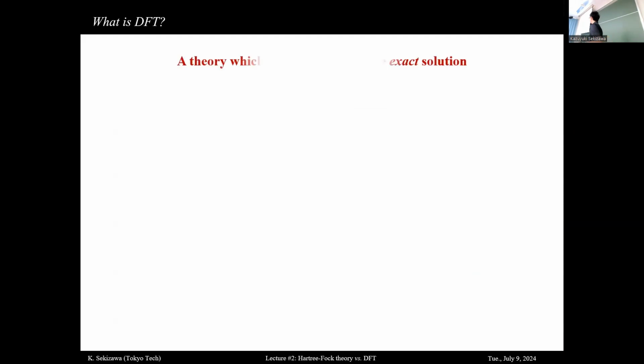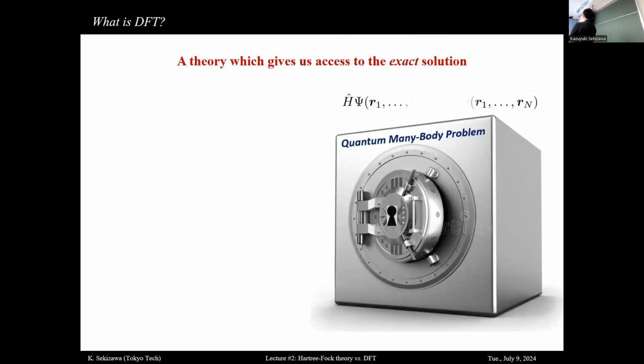So what is DFT? Density functional theory, I would say, is a theory which gives us access to the exact solution of the many-body wave function. It sounds like it contradicts what I introduced in the beginning, so let me explain. What we would like to do, as I mentioned, is to solve the many-body Schrödinger equation.